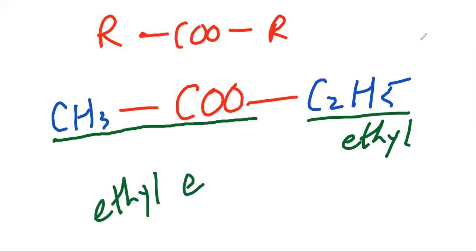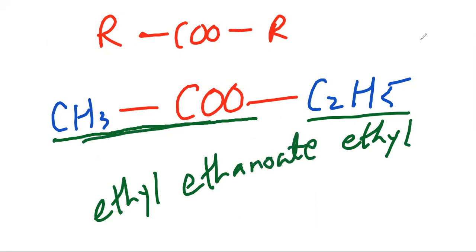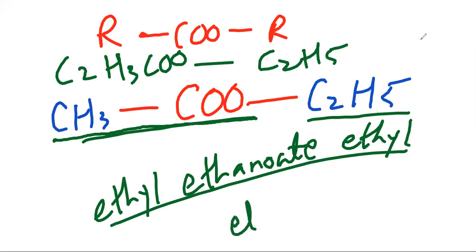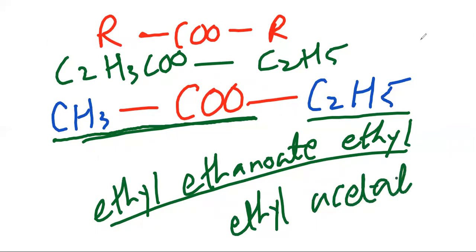Ethyl ethanoate. This is ethanoate because there are two C's, CH3COO and then this C2H5. Ethyl ethanoate, or the other name is ethyl acetate. Ethyl acetate. This is how we name the compounds.